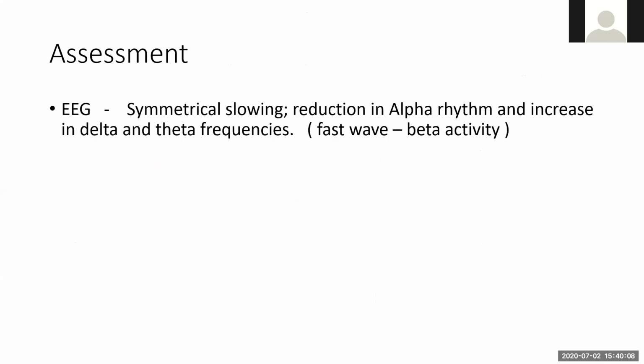Now, EEGs also have a role in understanding delirium. It is seen that there is some symmetrical slowing, a reduction in the alpha rhythm, and an increase in delta and theta frequency. Sometimes, if the patient has hyperactive delirium, there may be more fast wave and beta activity.